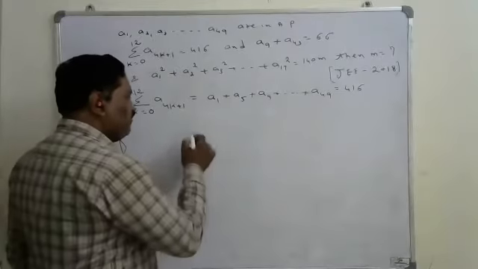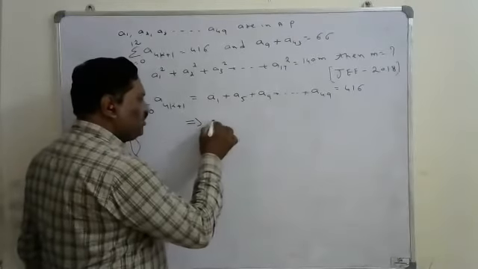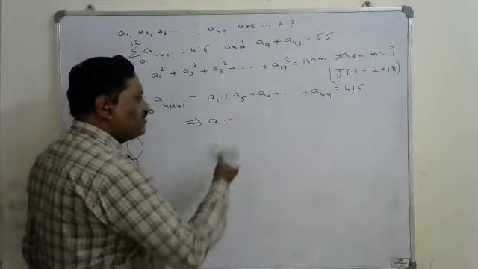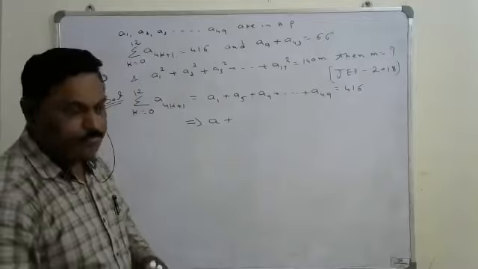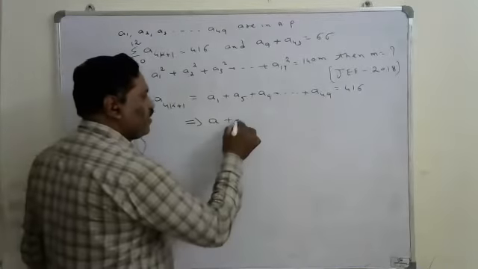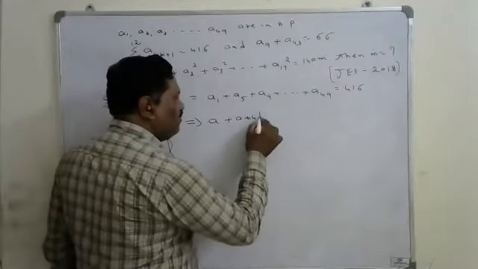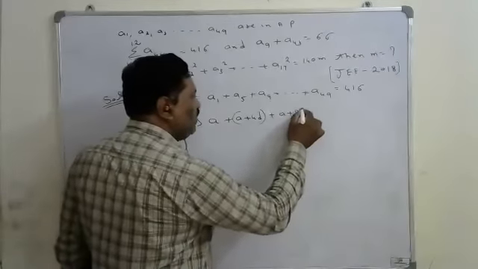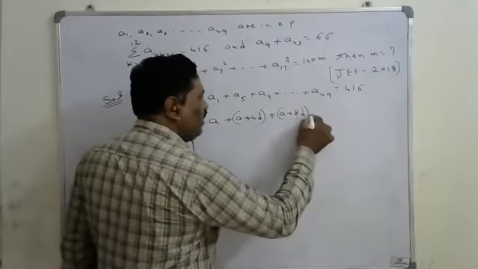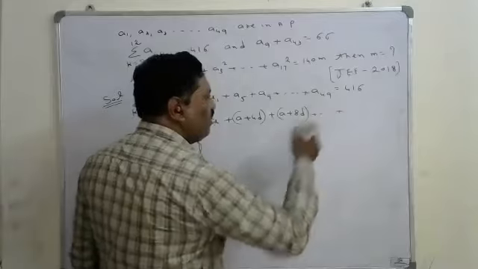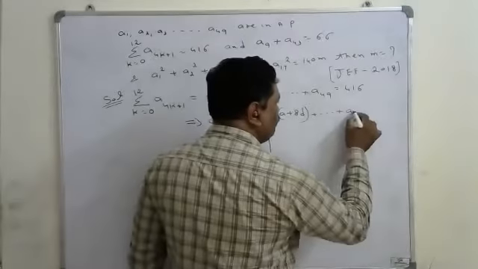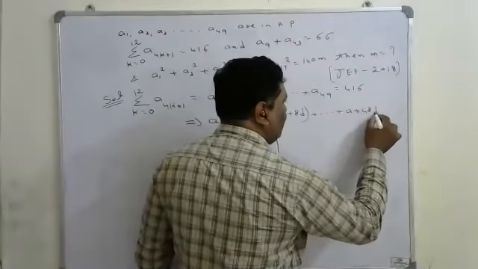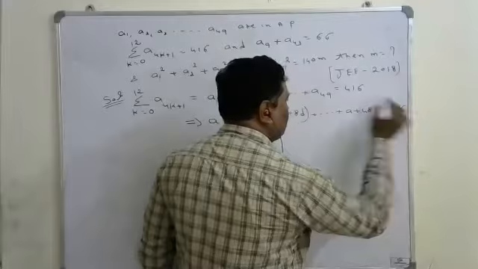Now, generally, for an AP the first term is A, the fifth term is A plus 4D, the ninth term is A plus 8D, and like that the last term is A plus 48D. So that was given as 416.